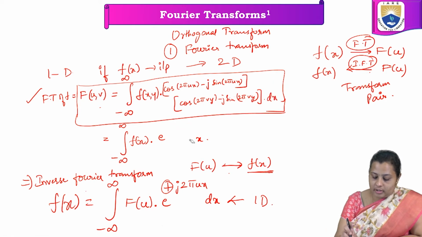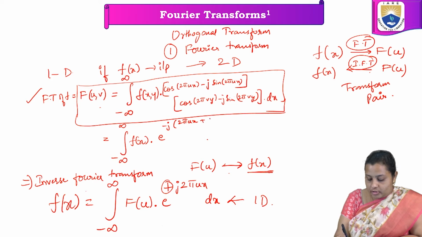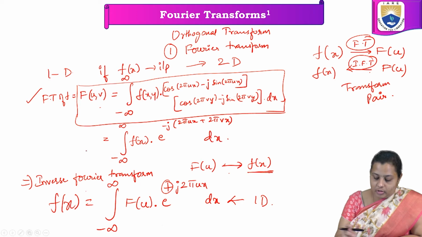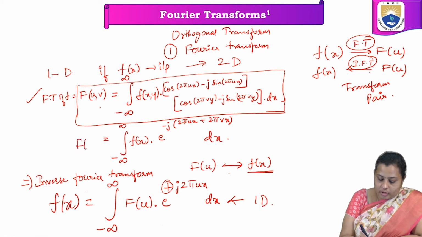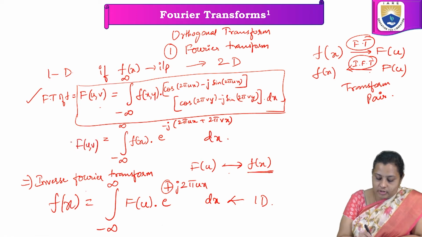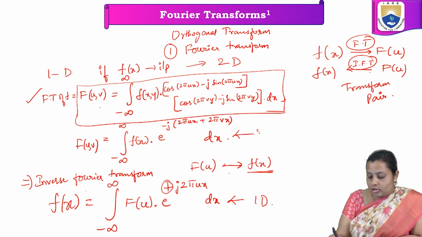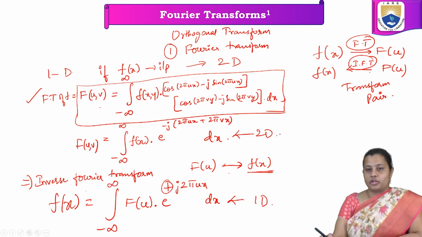Concisely, I can write it as e power minus j 2 pi (ux plus vy) dx dy. So F of u comma v is the 2D transform function.